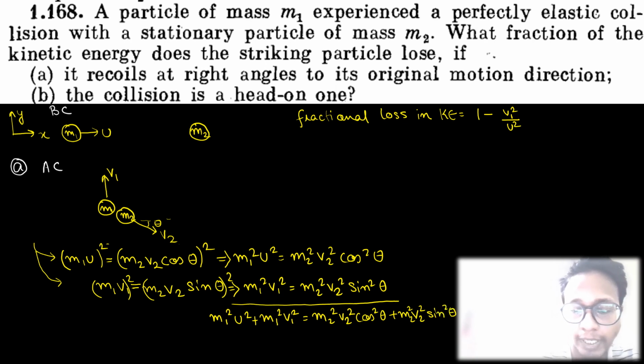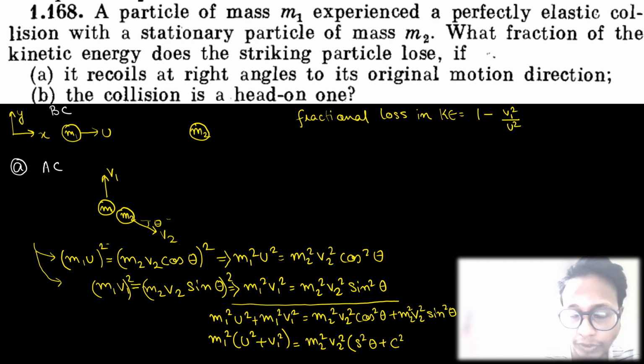Now from the right hand side, can I take m2 square v2 square common? On the left hand side I'm taking m1 square common, so m1 square into u square plus v1 square equals m2 square v2 square into sin square theta plus cos square theta.